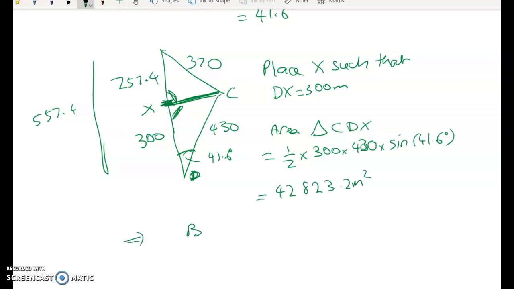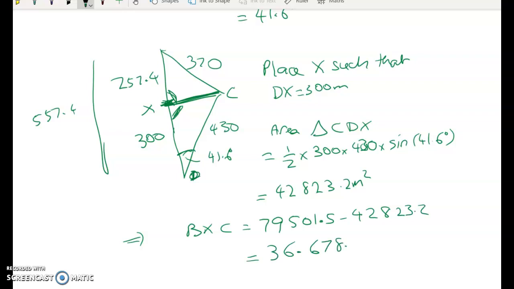That means that the BXC area is the whole of that area minus that bit, so we don't need to do all of the working out for the other one. And you can see that we're happy because we've got two nice big paddocks for his cows. They're both more than 25,000 meters squared.